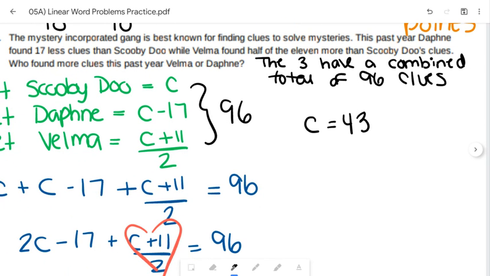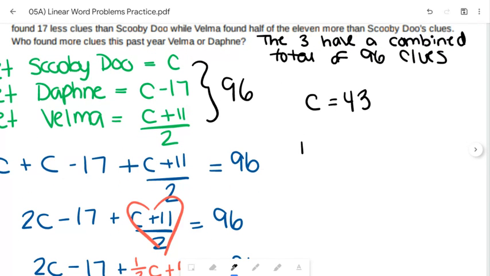Now, that's not what it asked for, so we want to know who found more this past year. So we're going to plug that in. For Daphne, we're looking at 43 subtract 17, and she was a total of 26 clues.